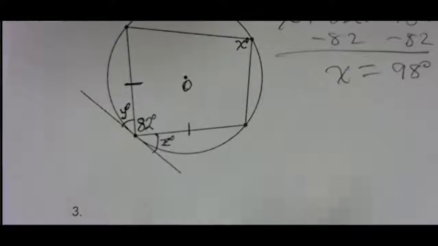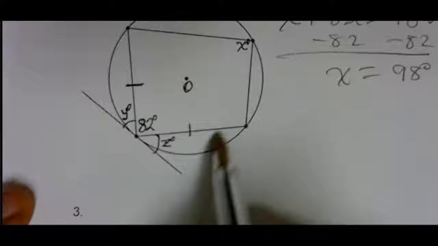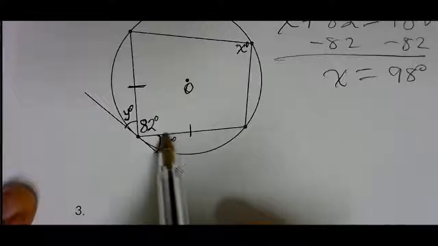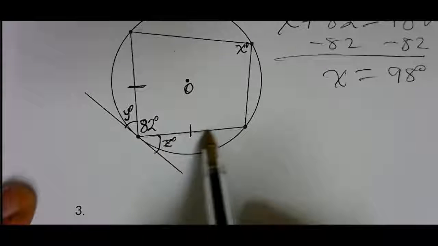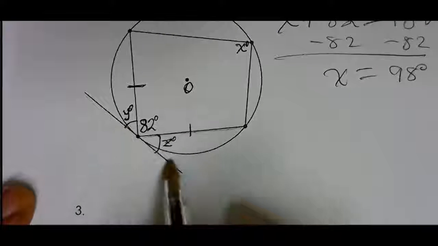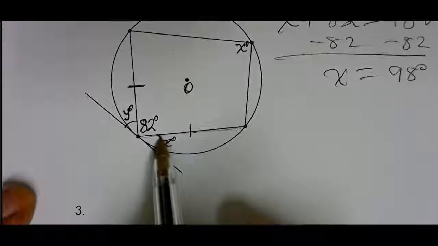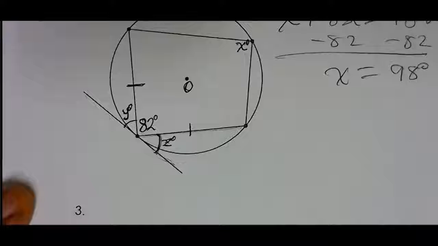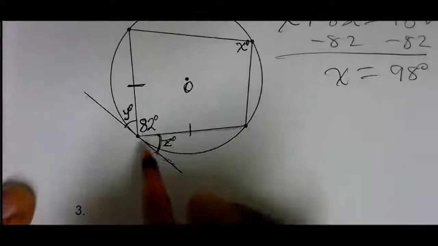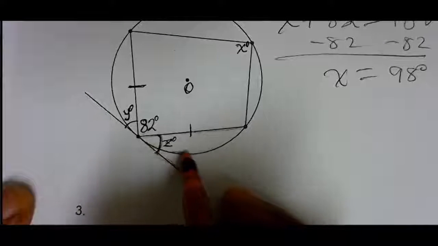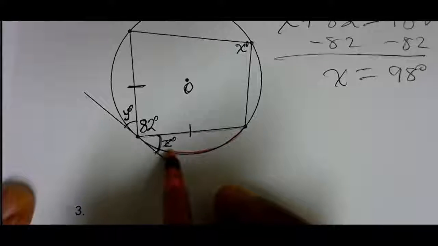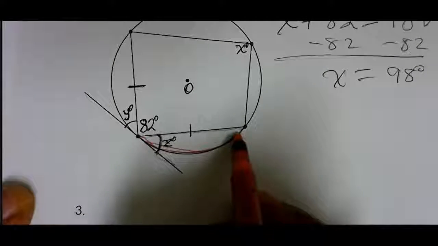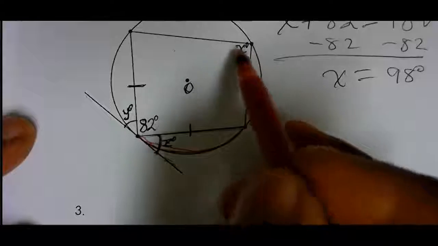So here, this is a chord, this is a tangent, so angle z is formed by a chord and a tangent. So angle z is going to be 1/2 of this arc. And what do we know?